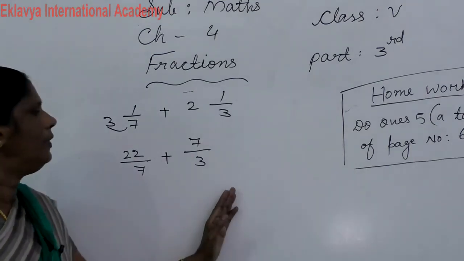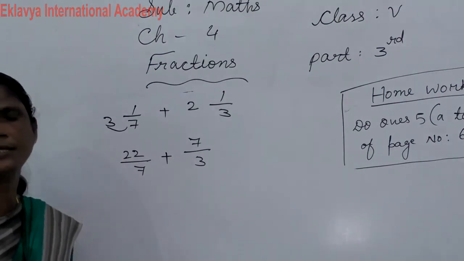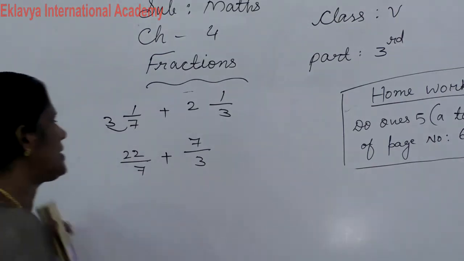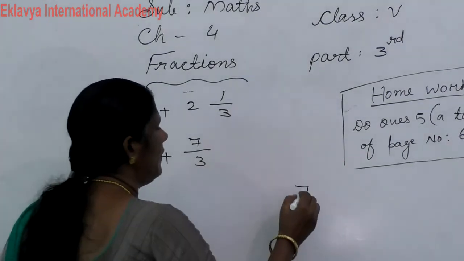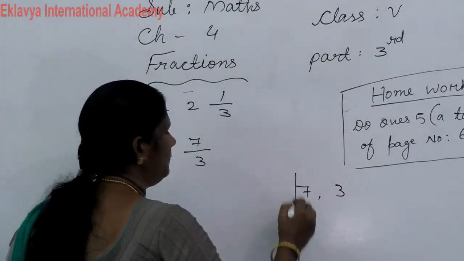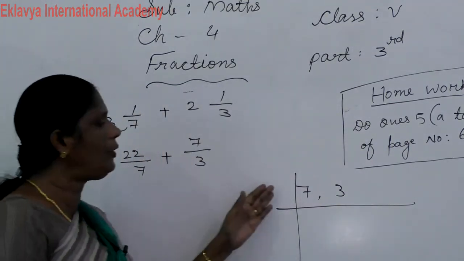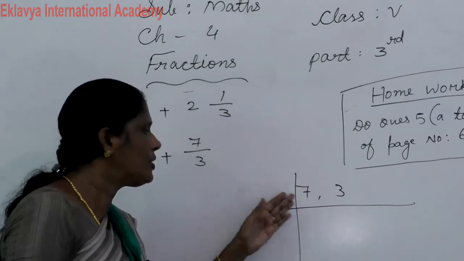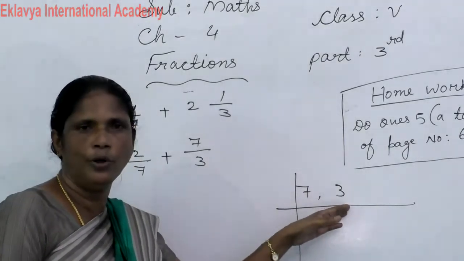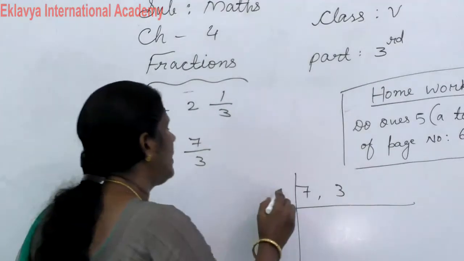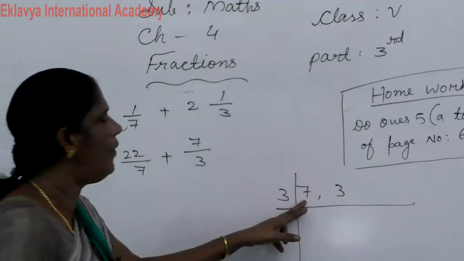Now you check, are your denominators same? No. First you find the LCM. What is the next step? Find the LCM of denominators 7 and 3. Is it divisible by 2? No. Next prime number 3. Is 7 divisible by 3? No. What do you do?